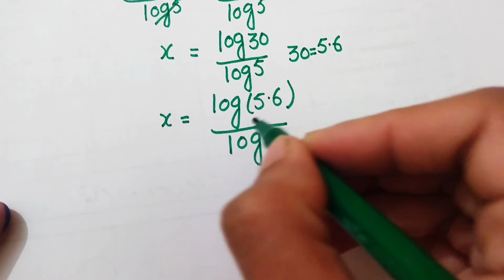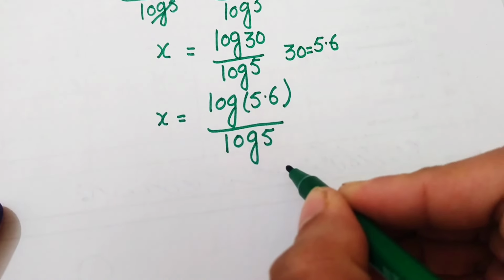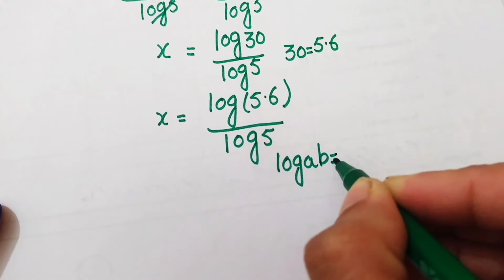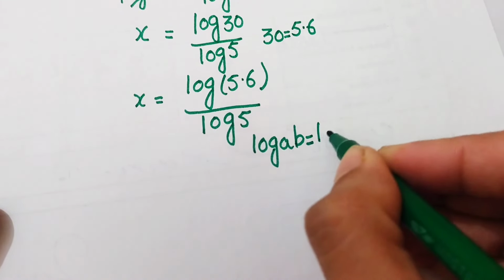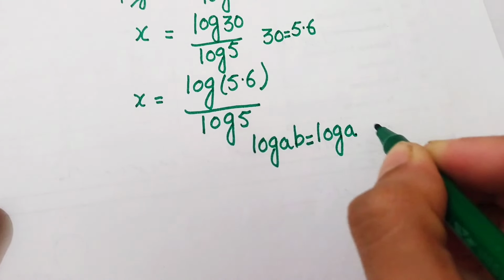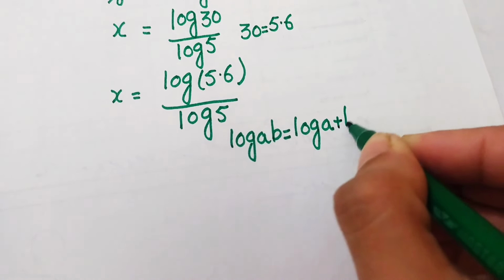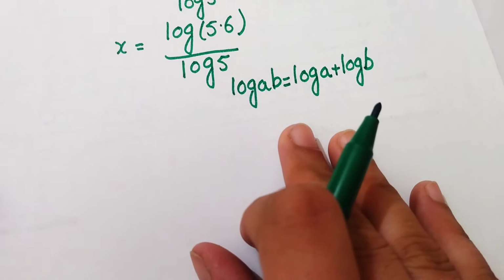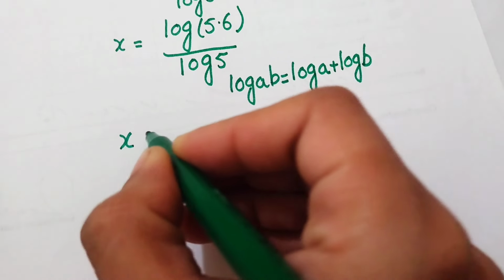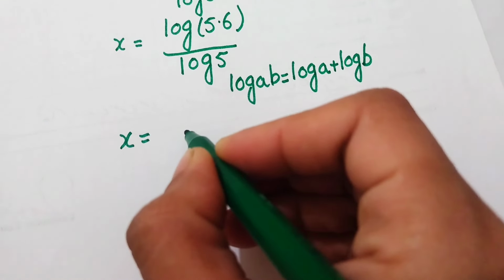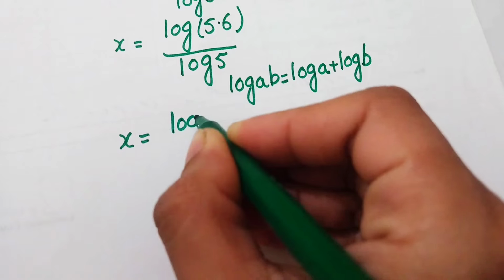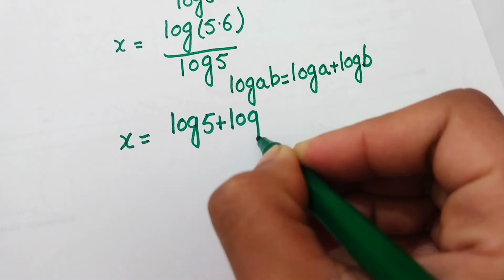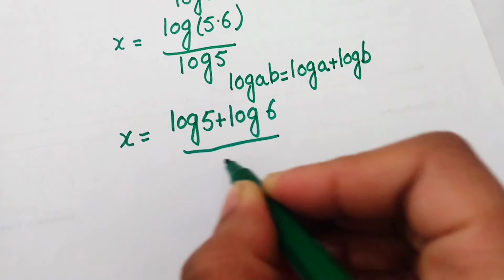As we know, the property of log is log ab is equal to log a plus log b. So in the above form we can write it as log 5 plus log 6 over log 5.